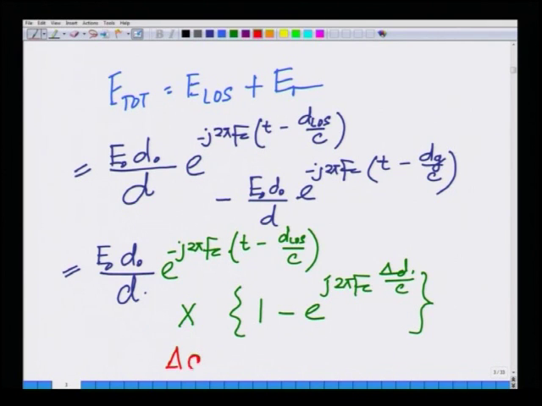This delta d is essentially the path length difference, that is the difference between the length of propagation for the ground reflection minus the length of propagation for the line of sight path.